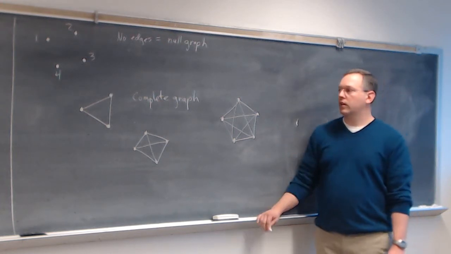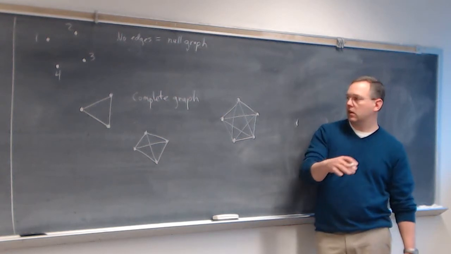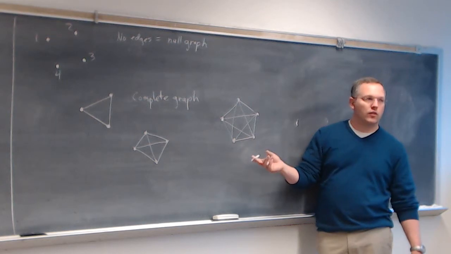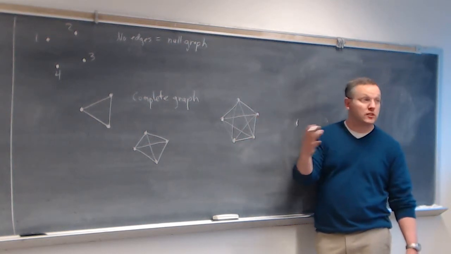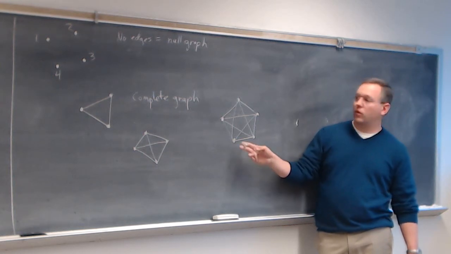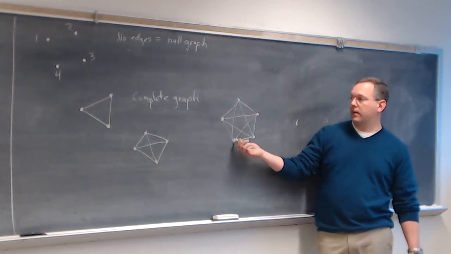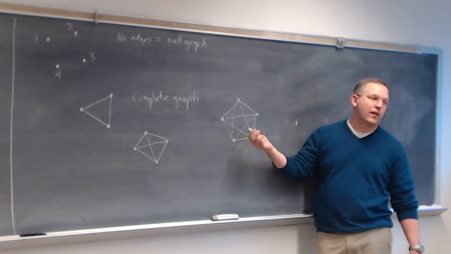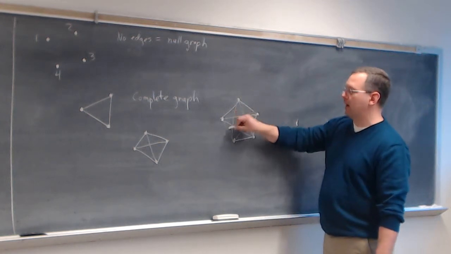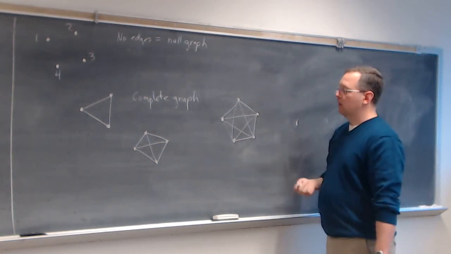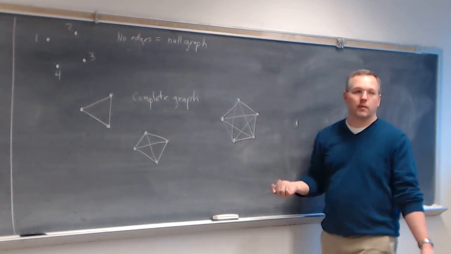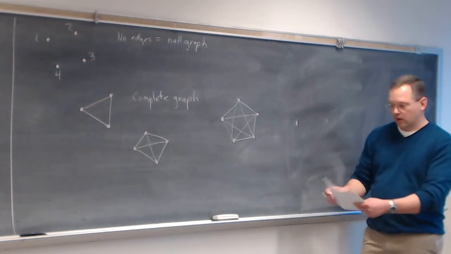Remember one of the examples I mentioned: imagine 5 people show up at a business meeting, and everybody shakes each other's hand. How many handshakes are there? Equivalently, how many edges are there in the complete graph with 5 vertices? A handshake you could represent by an edge between two vertices. So if you can count the number of edges of the complete graph, you can answer questions about handshakes.